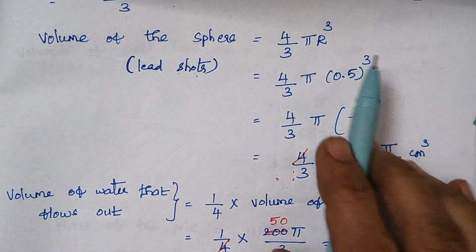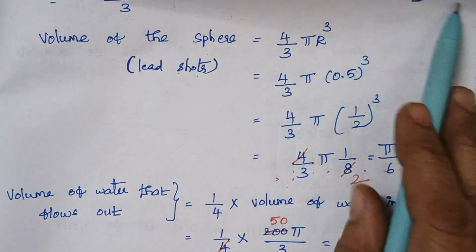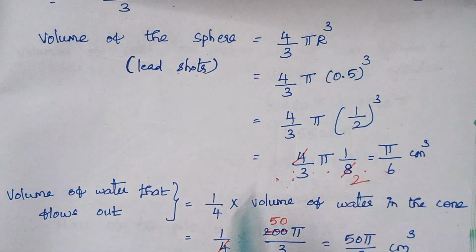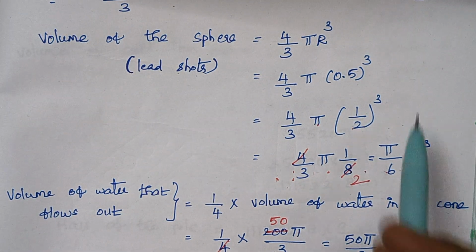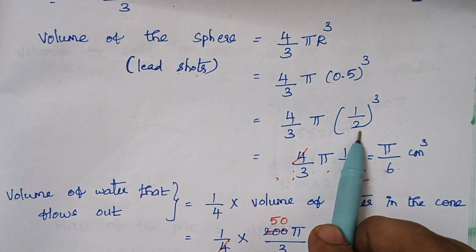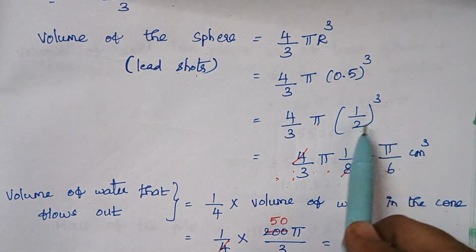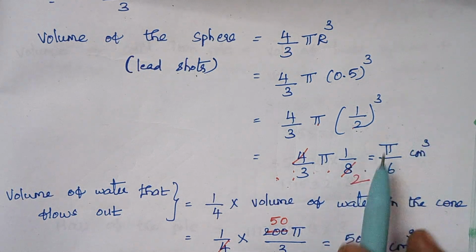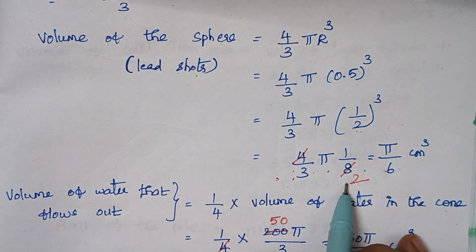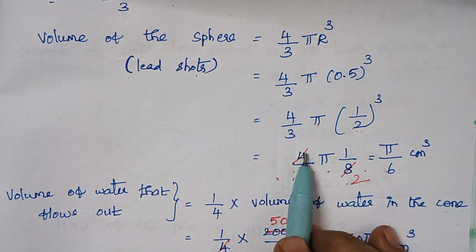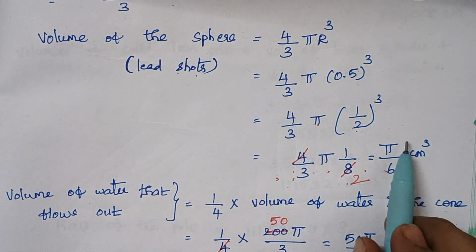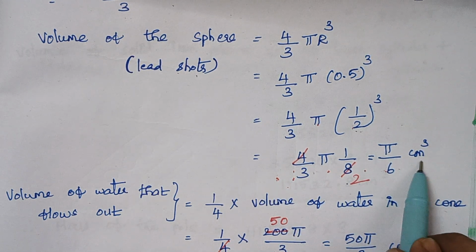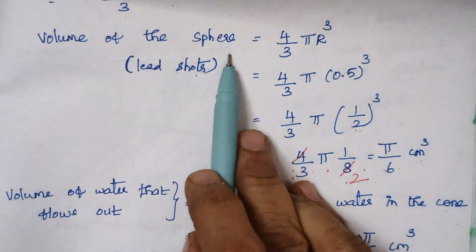So 4/3 pi, the value of r is 0.5. To simplify, we can write 0.5 as 1/2, and 2 cube is 8, so 1/2 cube is 1/8. When you simplify, we get pi by 6 centimeter cube. So this is the volume of the sphere.